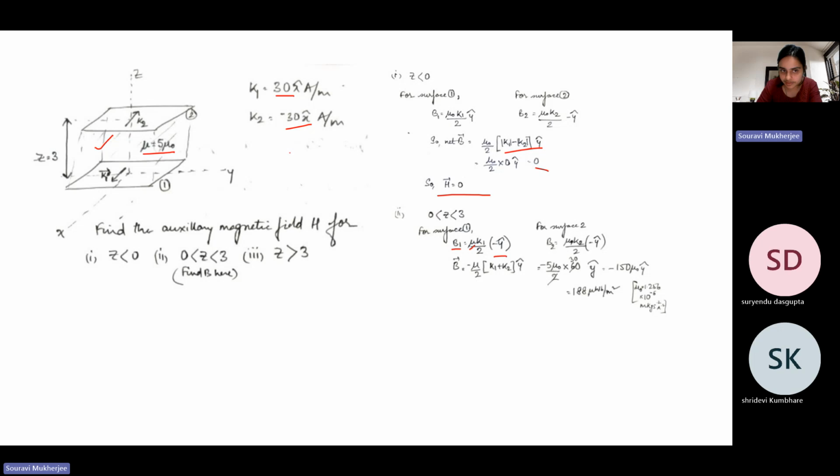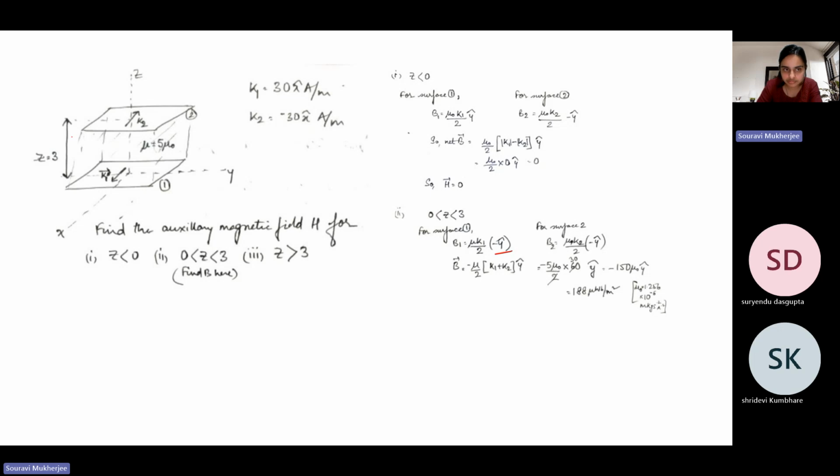If it was free space, like when you were finding the field somewhere here, z less than 0, it was mu naught. Anywhere above, it will again be mu naught because that is free space. But somewhere here, the medium property is 5 into mu naught. So now you have to replace it by mu. So mu k1 by 2. Why is the direction minus y? What has changed?